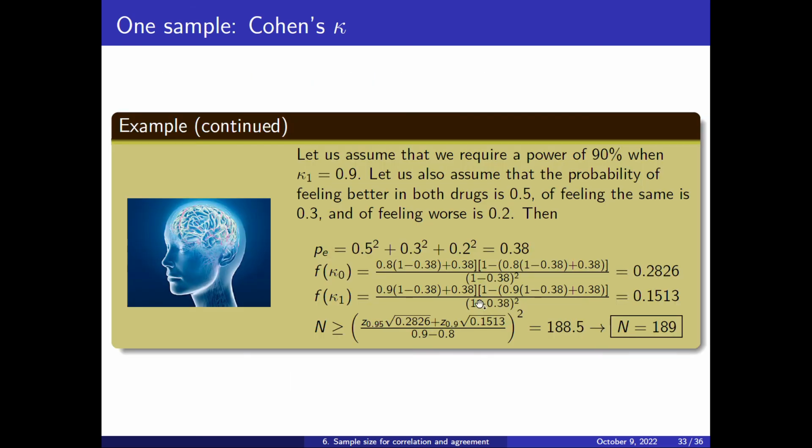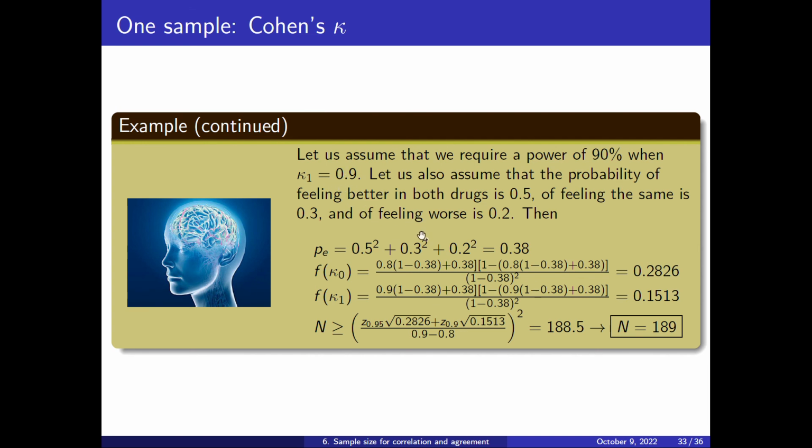So we substitute in our case, and let's say that we assume that the kappa will be 0.8. Let's say that we want to have a statistical power of 90% when kappa is 0.9.